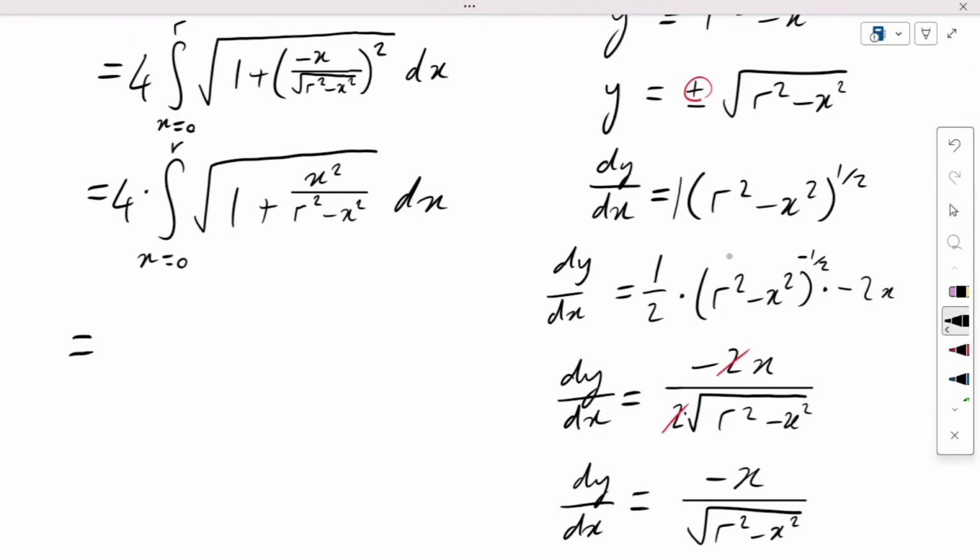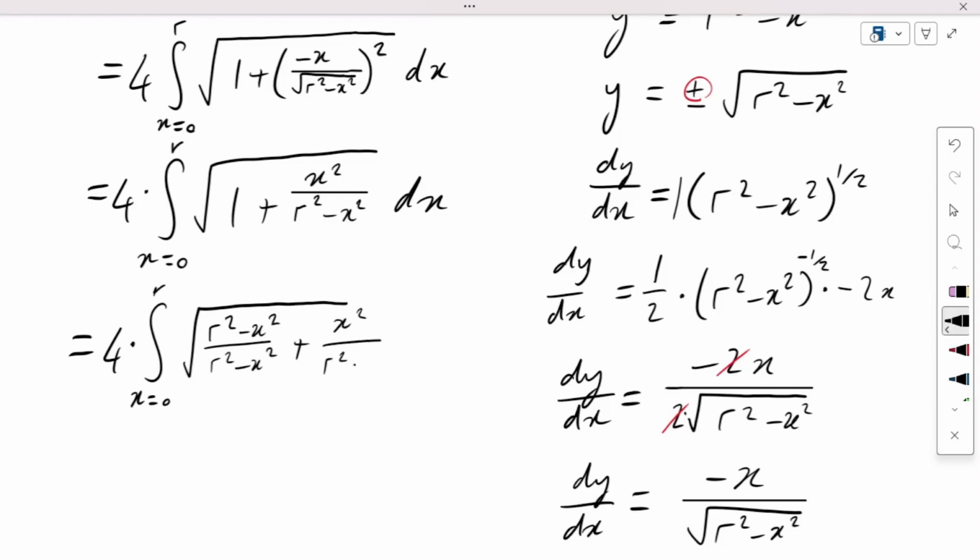We need to write this whole expression in the form of one fraction in the square root. So we can say 4 multiplied by the integral from 0 to r, and then the square root of, we can rewrite 1 as what the denominator is by itself, so this is r squared minus x squared divided by r squared minus x squared, plus x squared over r squared minus x squared, with respect to x.